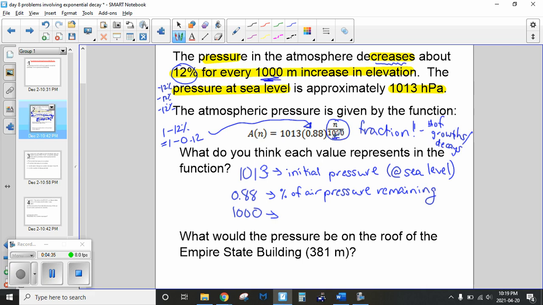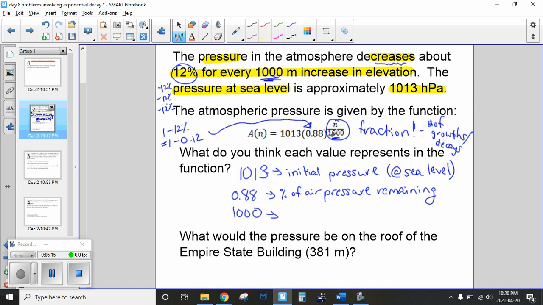So if we go to an elevation of exactly 1,000 meters and fill in 1,000 for n, the exponent will be 1, and we would have lost 12% of the pressure one time. If we go to an elevation of 2,000, 2,000 over 1,000 will give an answer of 2. So we would have two decay periods, an exponent of 2, and we would have decayed twice by 12%.